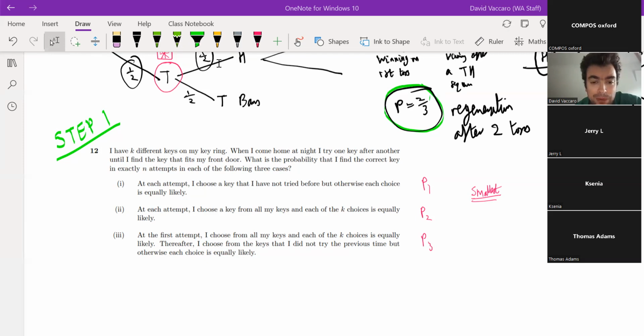Going to wait for a few more people to try this. If you're watching this at home, try it.